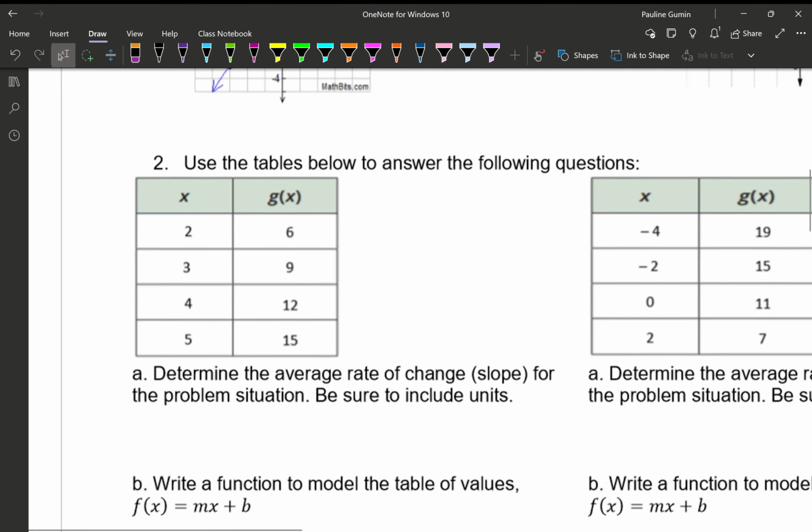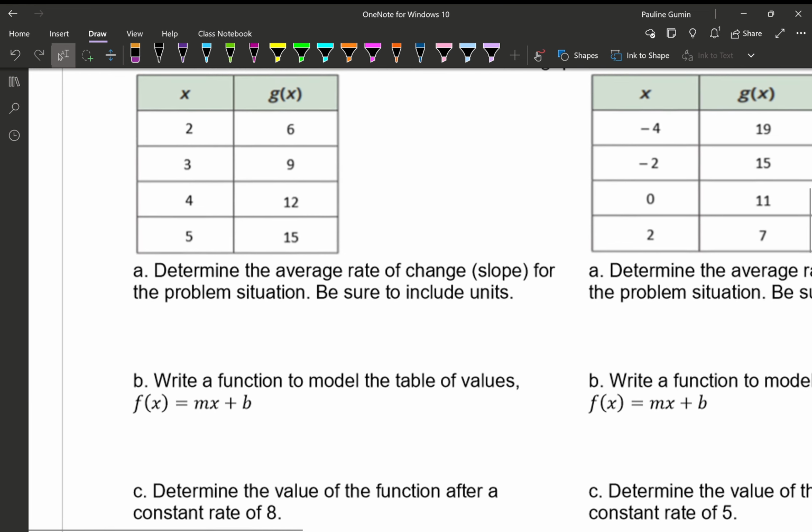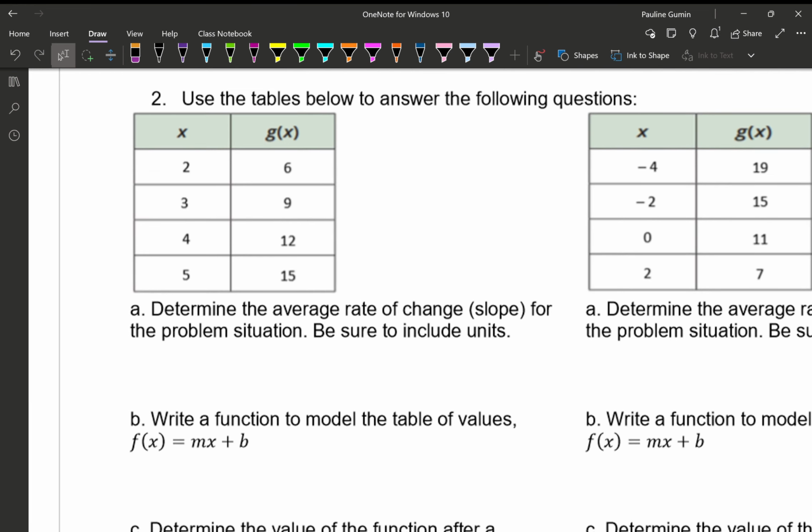Number 2, use the tables below to answer the following questions. All right. Letter A, determine the average rate of change, the slope. Let's do it. The average rate of change, the way we look at this is the change in our y's, because that's our rise, over our x's.